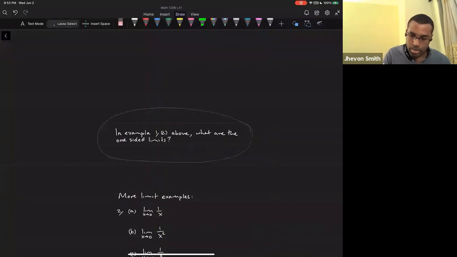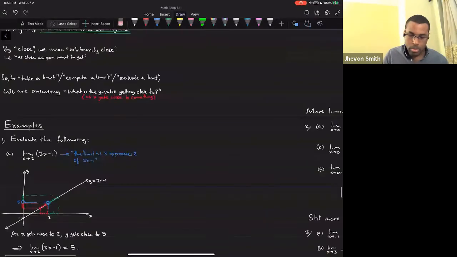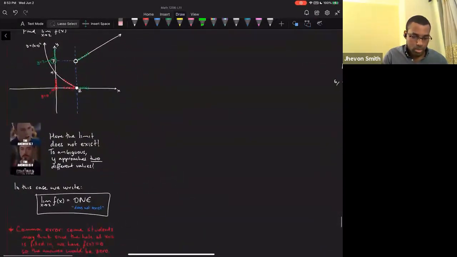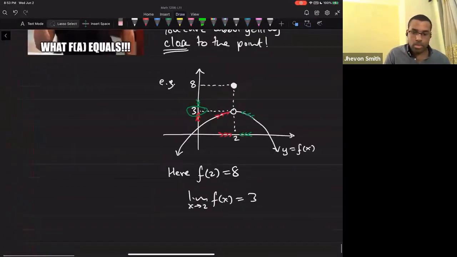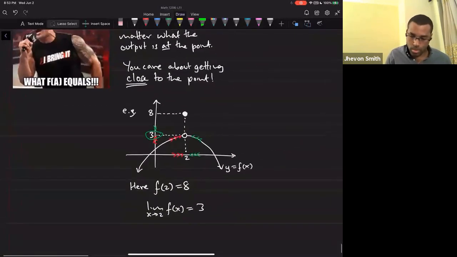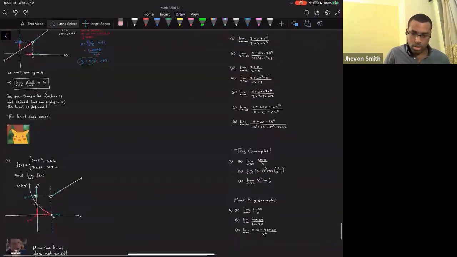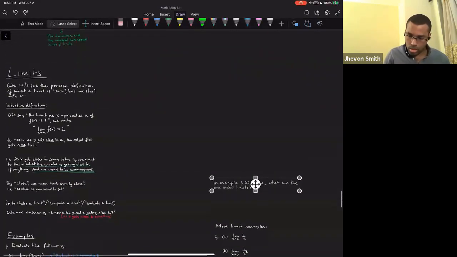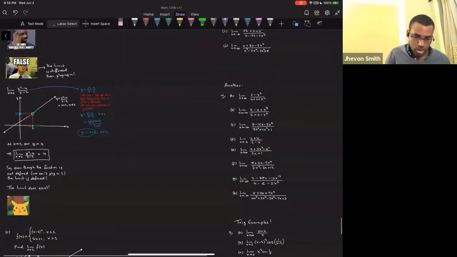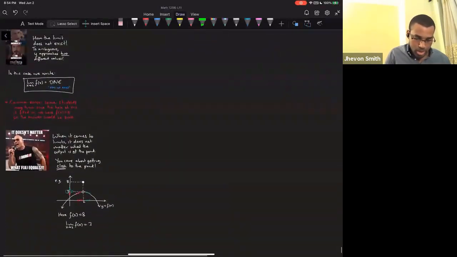Now, there is a concept that this brought up, which I want us to mention. There are a lot of limit examples to get through, as you can see.